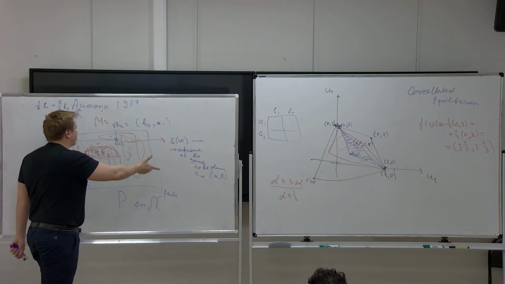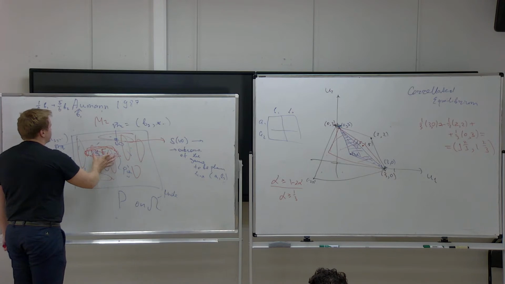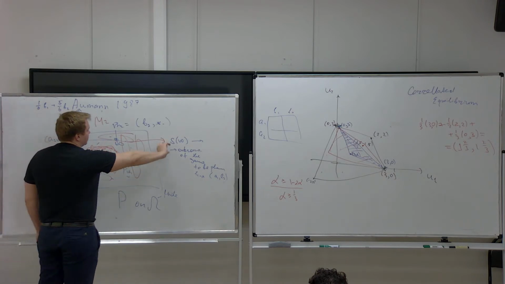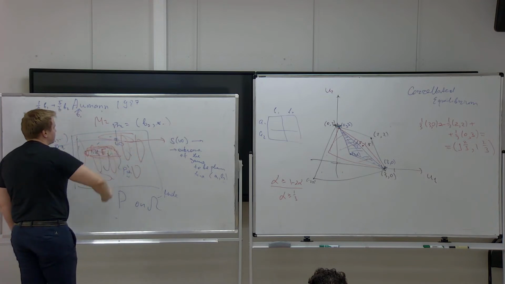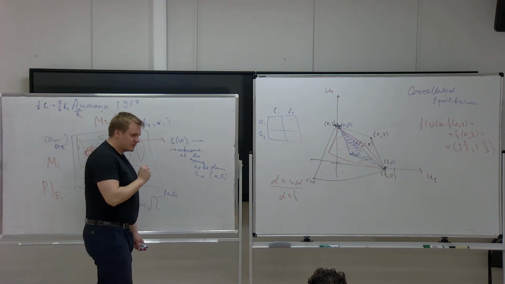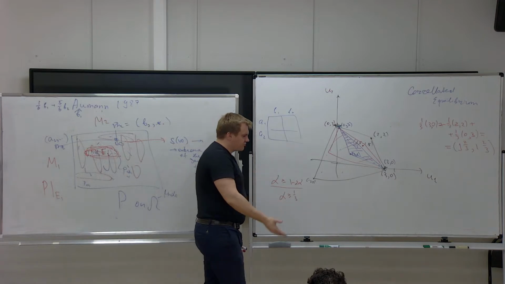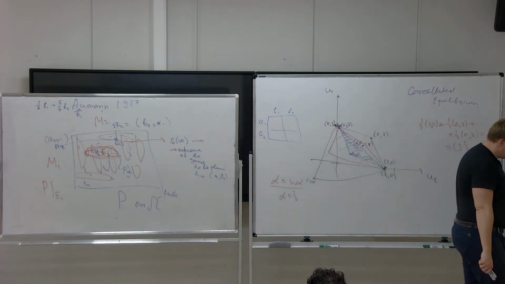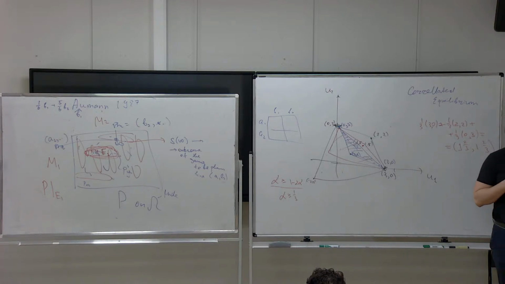And I know that the recommendations for player 1 are measurable with respect to his partition, and recommendations for player 2 are measurable with respect to her partition. How could you construct a simple version of correlated equilibrium which does the same?